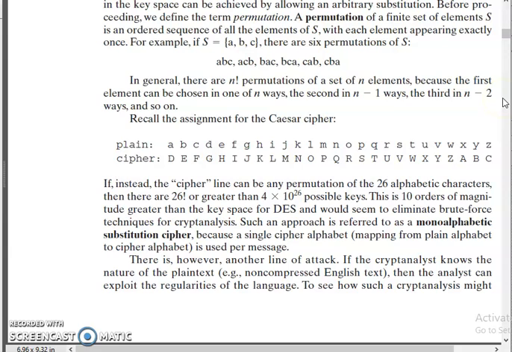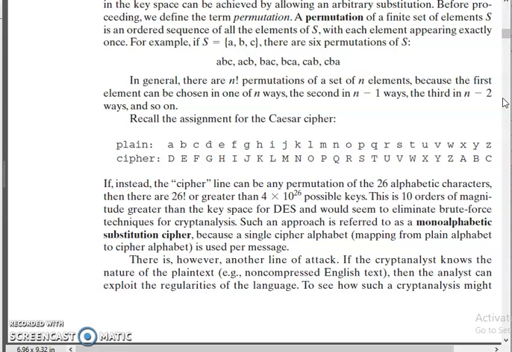But in this monoalphabetic substitution cipher, another attack can happen if the cryptanalyst knows the nature of the plain text. Nature of the plain text means, for example, that the plain text is in non-compressed English language.